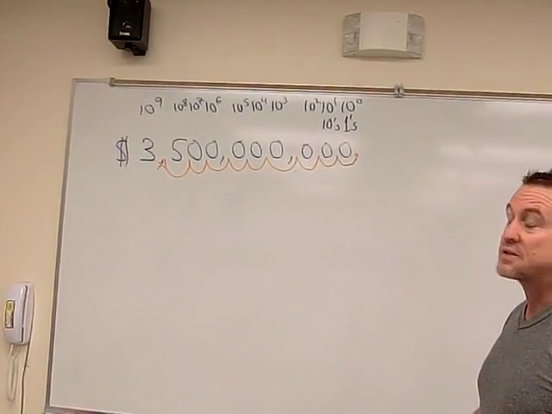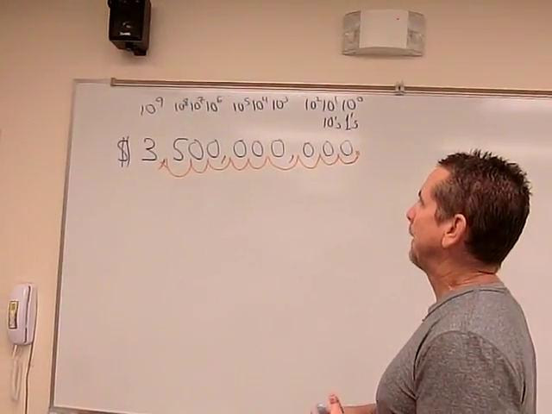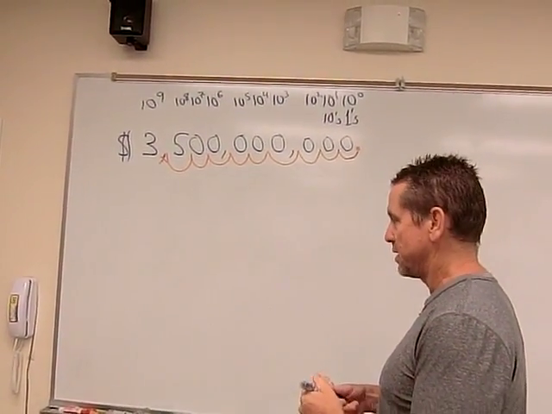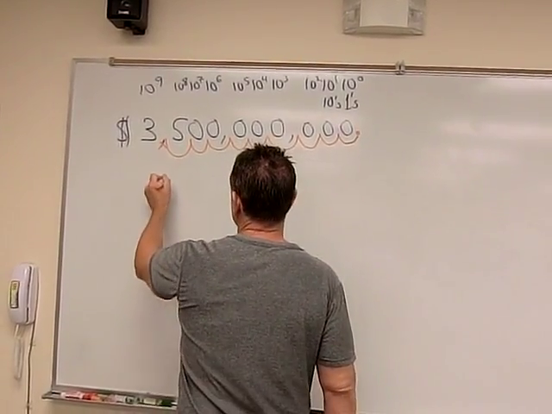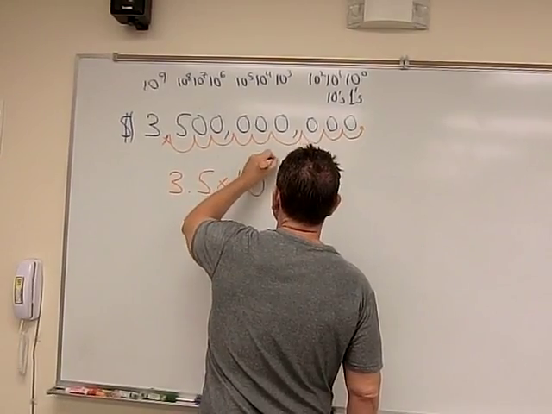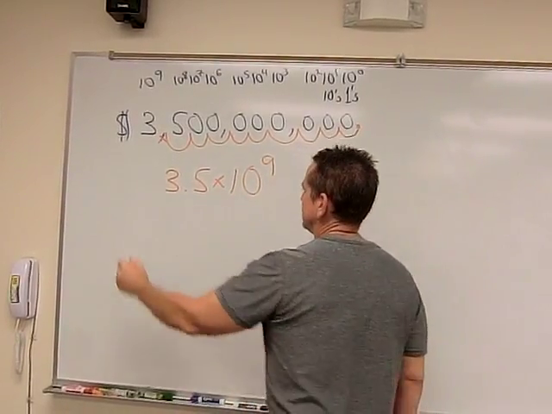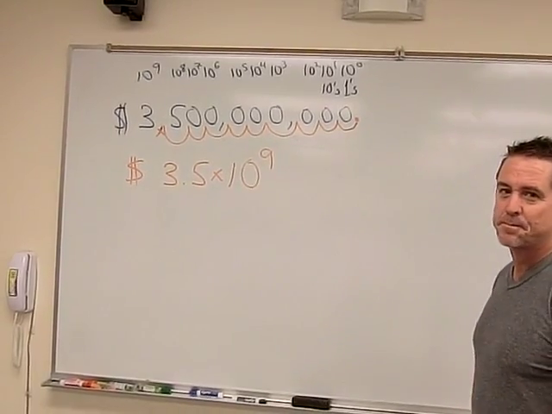Okay? And so you could write this number, 3,500,000,000, in a more compact notation as 3.5 times 10 to the ninth dollars. That means the same thing.